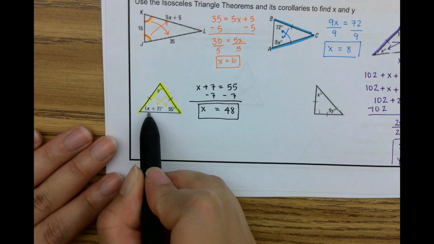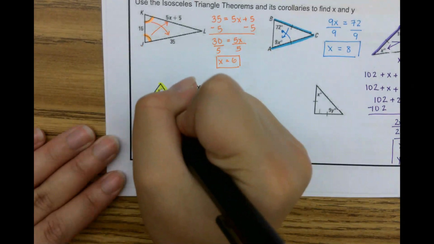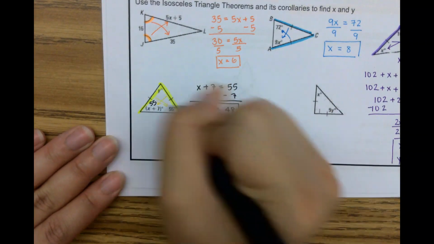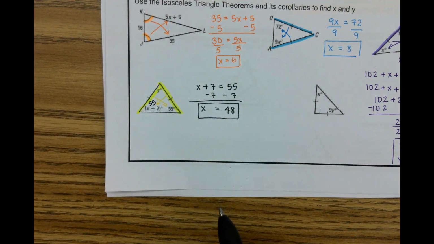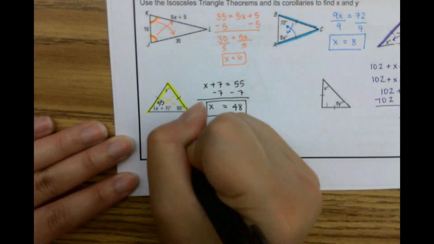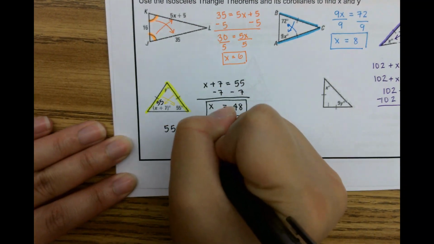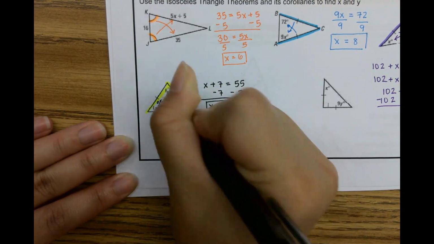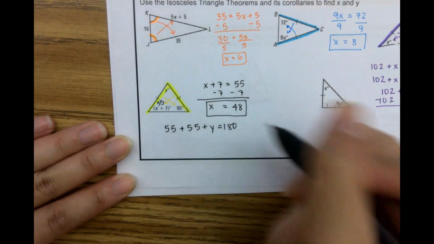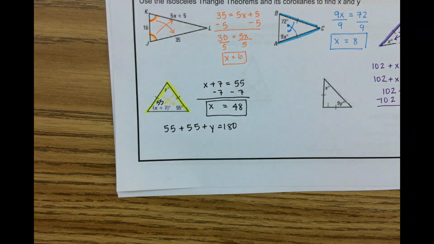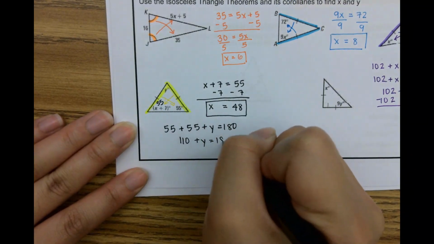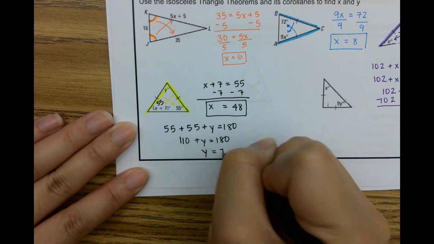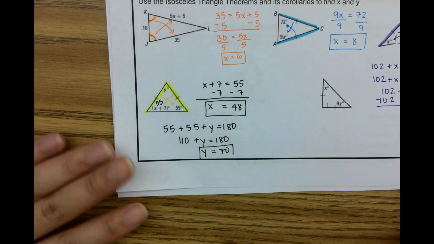However, this angle, though, 48 plus 7, that means this is 55, right? So x is 48, but the whole angle here is 55. Okay. It's a triangle, so it should total to be 180. So 55 plus 55 plus the y on top should equal 180. 55 plus 55 is 110. When I subtract that 110, y equals 70 degrees. Okay.